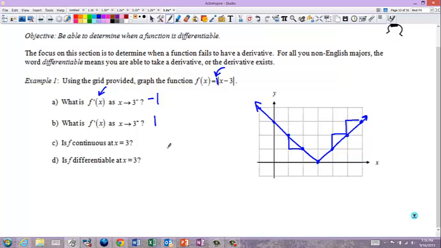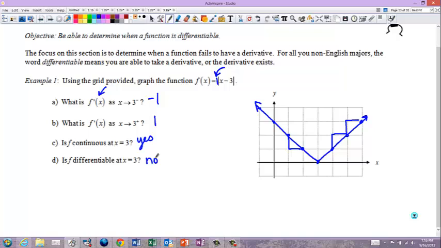Is f continuous at x equals 3? Well, I can go all the way across without lifting up my pencil. Yes, it is. Is it differentiable at x equals 3? No, it is not. The rule for differentiable is similar to the rule for continuity.